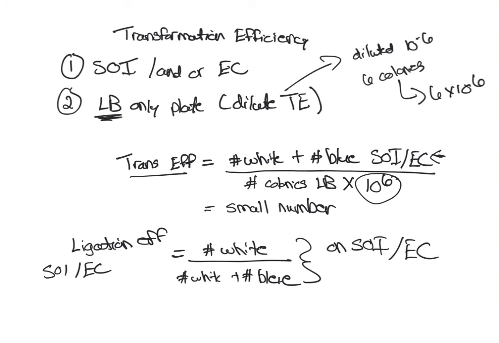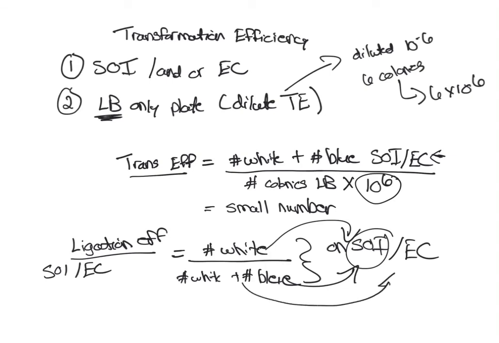So you'll have a ligation efficiency calculation for the sample of interest plate, and these numbers are coming from that sample of interest plate. And then if you have an experimental control, you'll have the same thing for experimental control. So hopefully that clears things up.